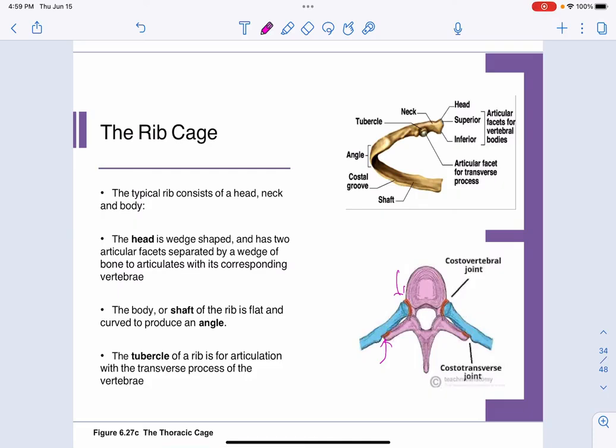So that's really the most that I want you to know from this slide. It's also showing you the anatomy of the rib. Really, I just want you to know how it articulates with the vertebrae. I'm not going to ask you specifically what the anatomical features are of the rib, except for the articulation sites.